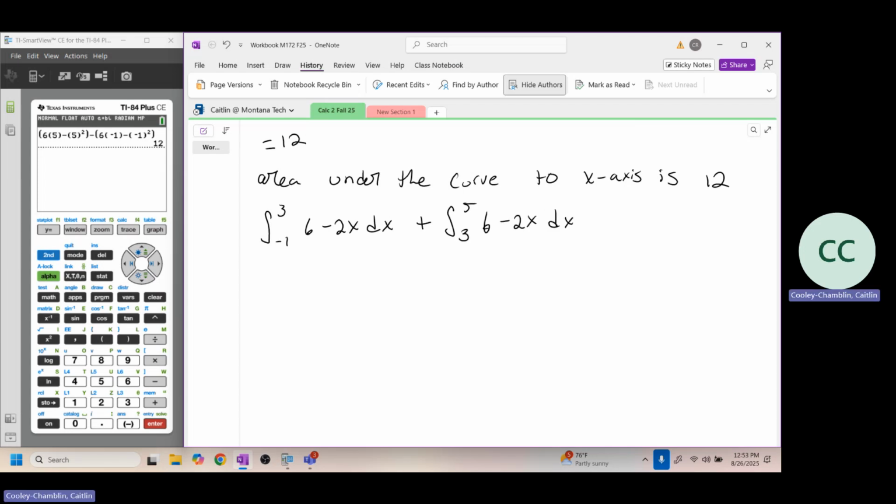There is a reason I'm showing you this. It's for kind of a key idea here. So when I find the antiderivative here, we get 6x minus 2x squared over 2, evaluated from -1 to 3, plus 6x minus 2x squared over 2, evaluated from 3 to 5.